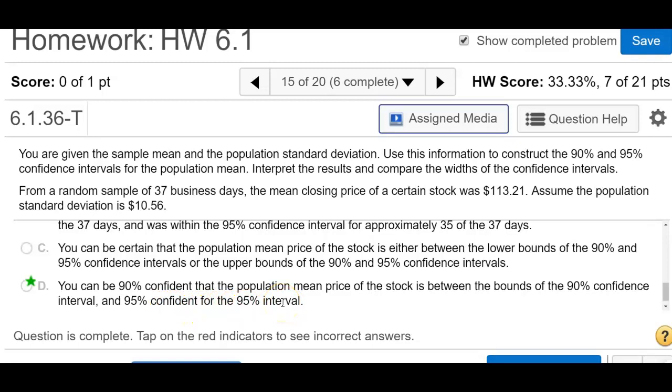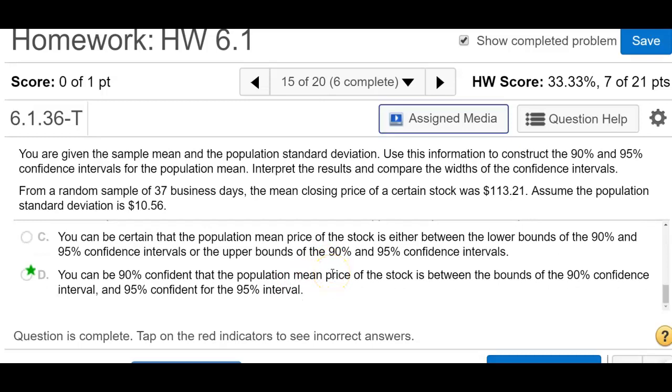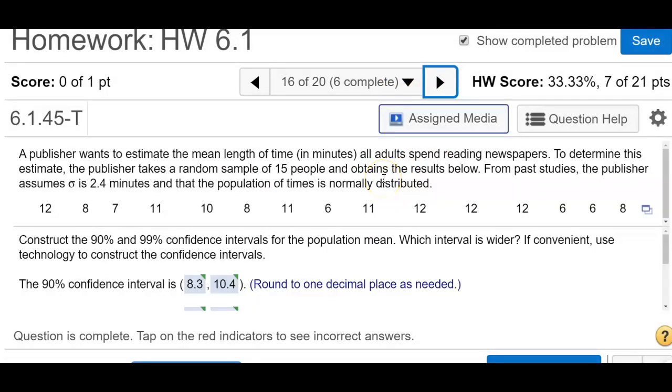So 90% of the intervals will have the population mean, and 95% of the intervals will have the population mean. If this is confusing, please go back and check your lecture notes. Let's go ahead and look at the next one here.